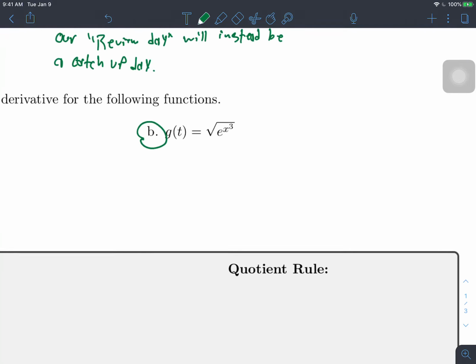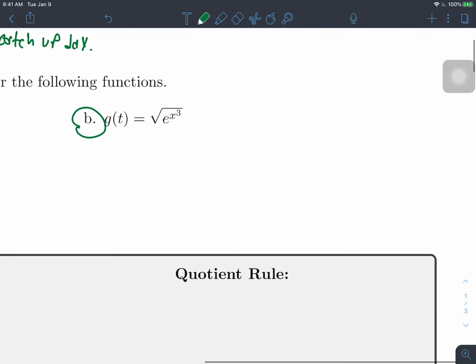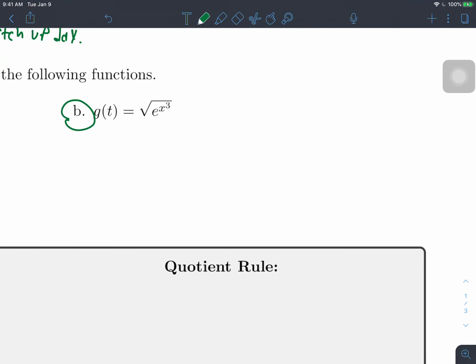So what we learned last time was that this is actually a composition of three functions.